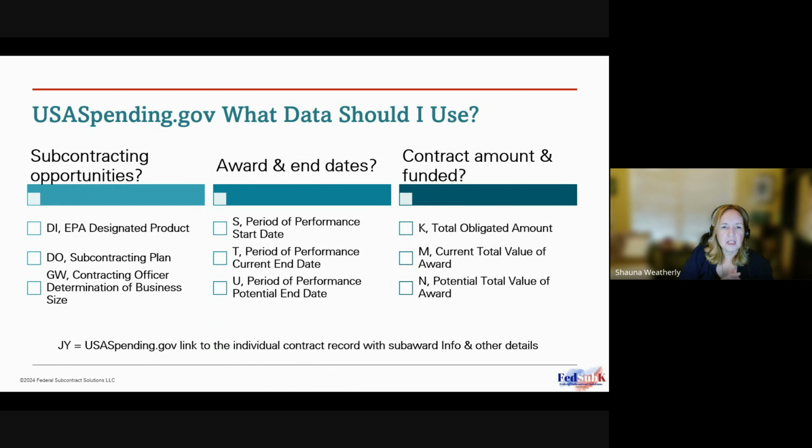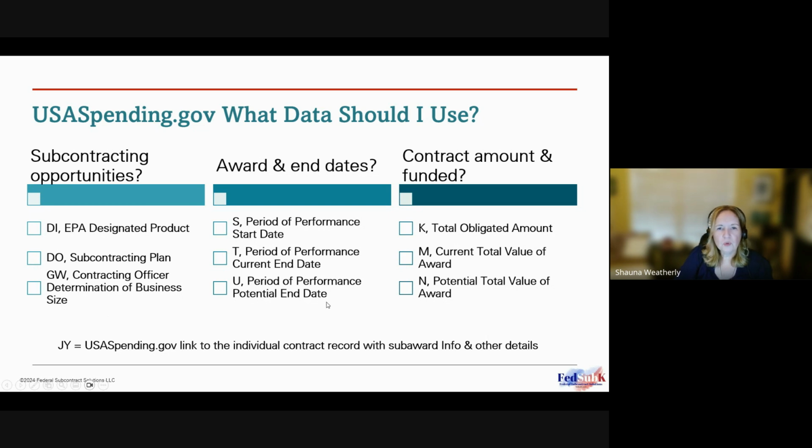What that means is the government doesn't allow you under services, depends on the type of work, but particularly under services, to subcontract out more than 50% of that work. So that's what's important here when you're looking for sub and teaming opportunities.